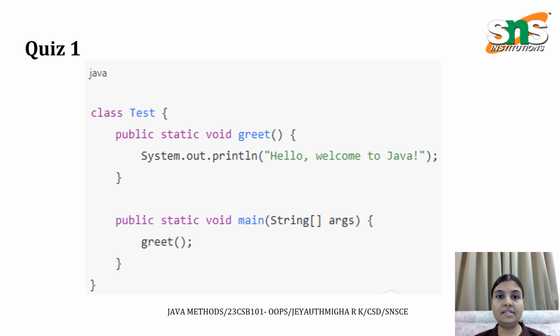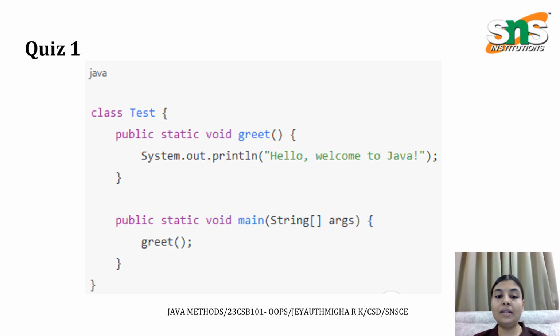Then we have a quiz. Here we have a class, and then a function greet, which has a single line statement: Hello, welcome to Java. And we have the main function, and we have called the function greet using the function name.